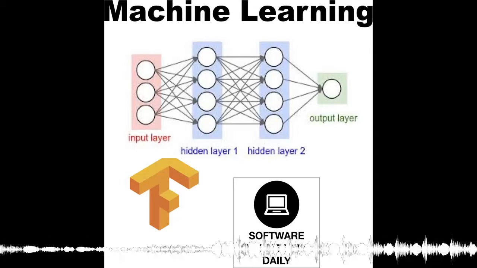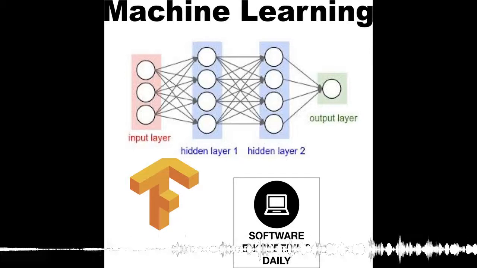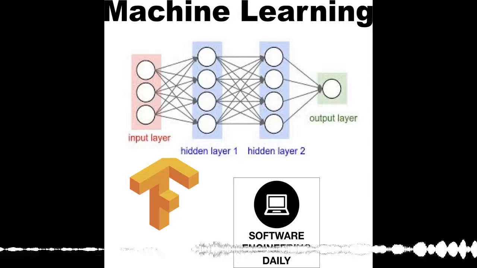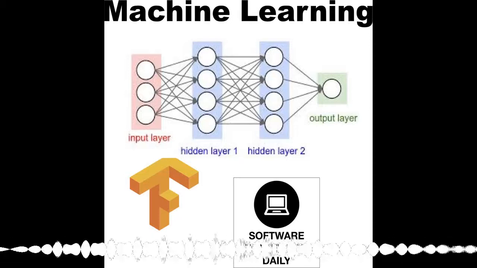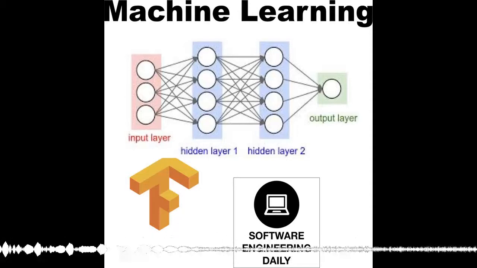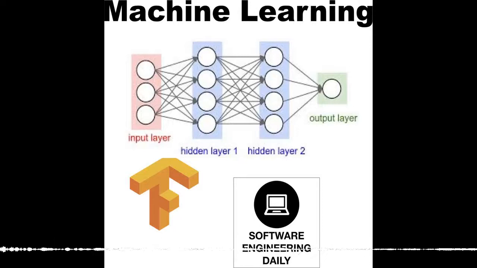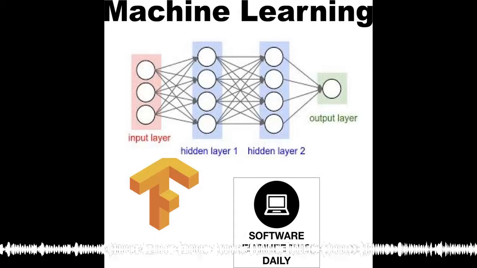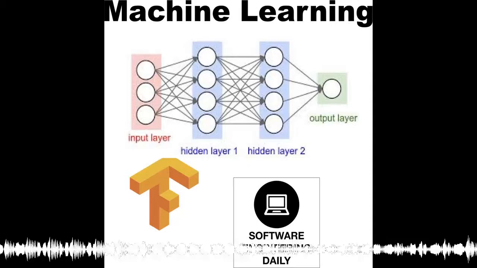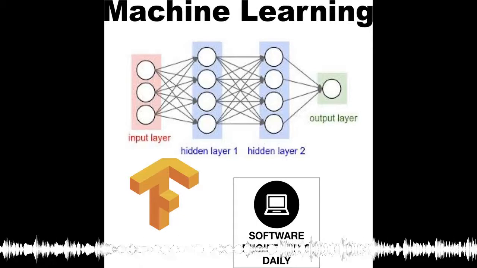My limited understanding of what makes a problem a good fit for deep learning is you've got a giant sample of data and you're not sure how to label that data. You're not sure how to extract features from that data.